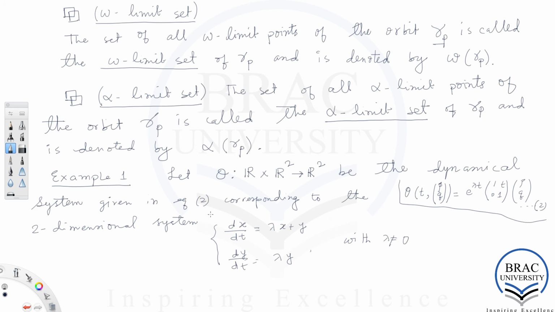How this two-dimensional system is related to this definition of the flow map has already been discussed earlier in this lecture, because you just need to use the definition of infinitesimal generators to find the infinitesimal generator in this case, for which the first component is lambda x plus y and the second component is lambda y.